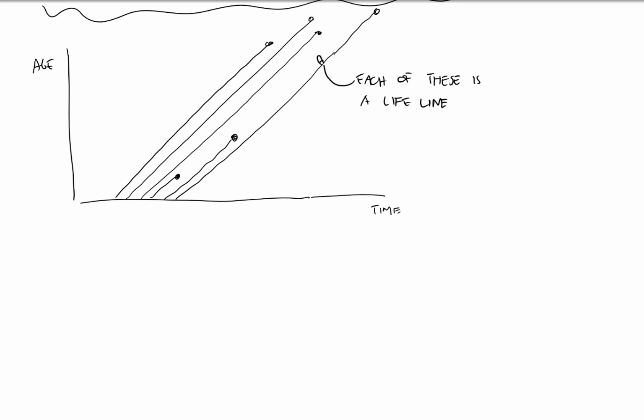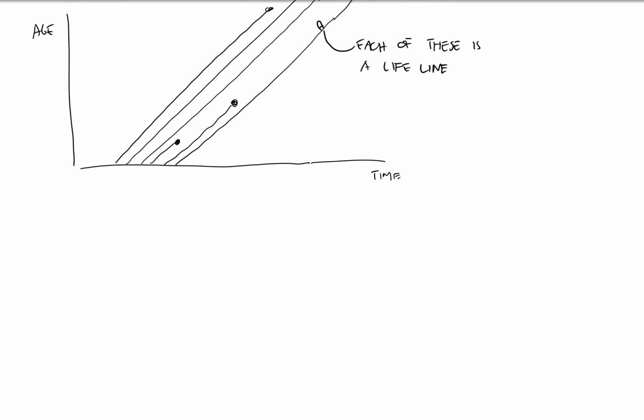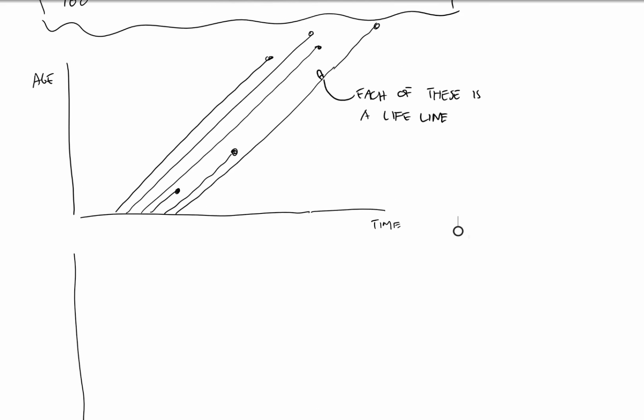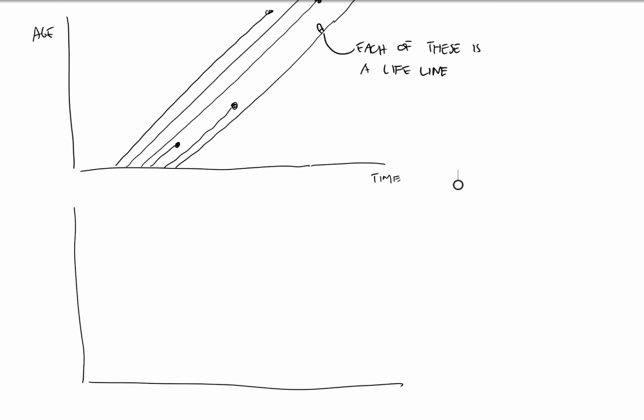Now what we're going to do is redraw each of these. I'm going to take each of these lifelines and do two things. The first thing is I'm going to sort them.